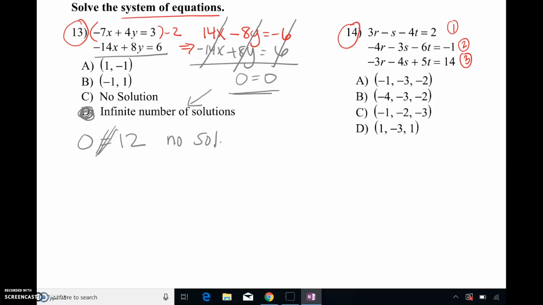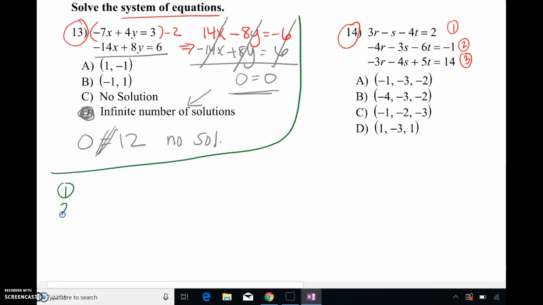So, I'm going to use the space over here. Let's take equation 1 and equation 2. So if I have a negative 1s and I need the opposite of a negative 3, I'm going to multiply by a negative 3. So that gives me a negative 9r plus 3s plus 12t equals negative 6.